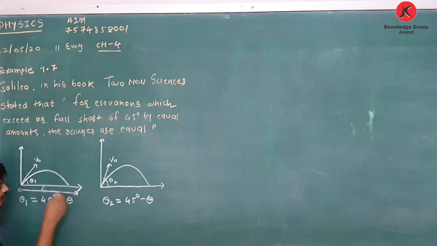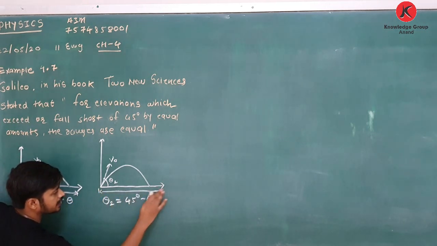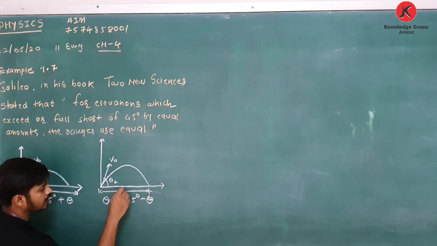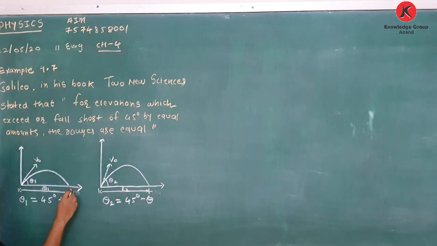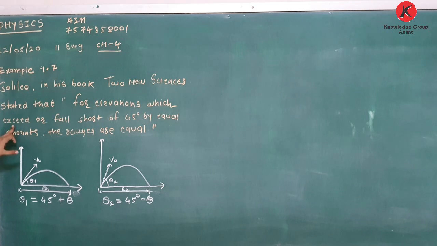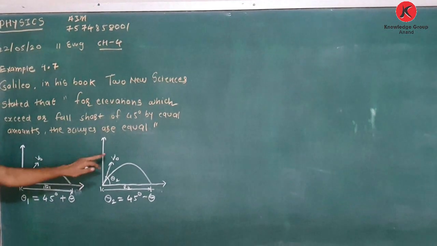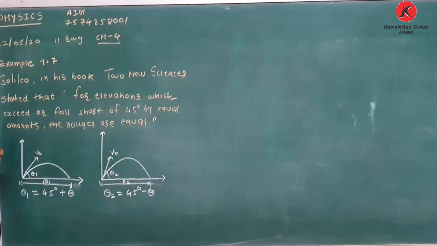If it is range R1 and range R2, then you have to prove that R1 and R2 are equal. Clear? So, for elevations which exceed or fall short of 45 degrees by equal amounts, the ranges are equal. Now see, we have considered in both cases the same initial velocity.